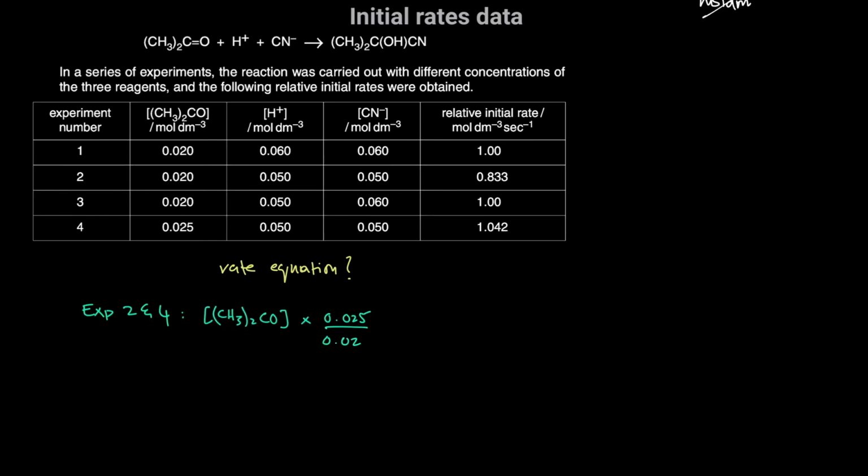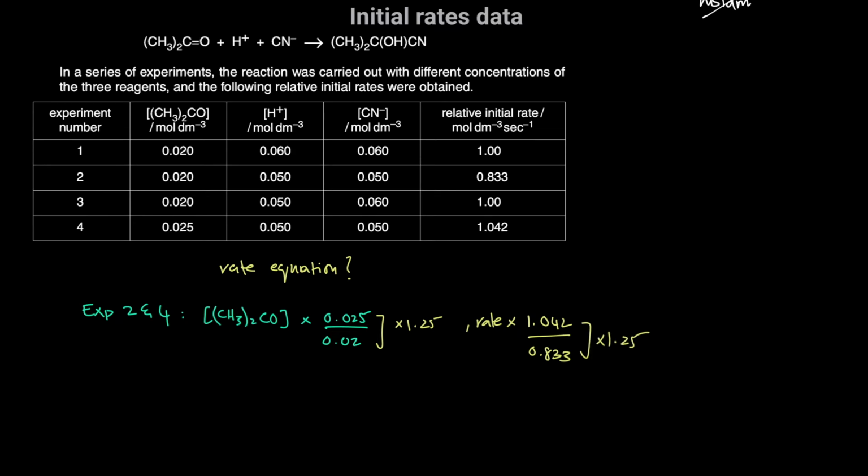So we go from 0.02 to 0.025, a factor of 1.25. The rate changes by a factor of 1.042 divided by 0.833, which is also roughly 1.25.